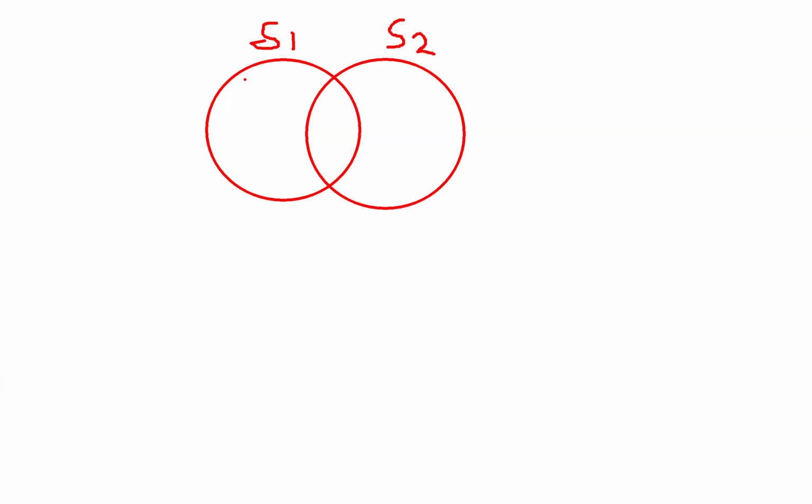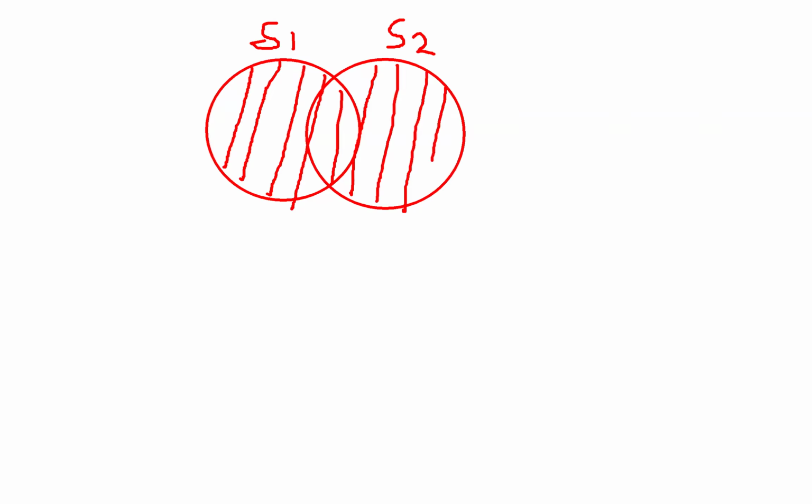When I talk about union, it will basically combine two sets and keep the unique values. If there is any duplicate value, it basically discards it, right? Union is represented by this U symbol. So this denotes S1 union S2. In mathematics, it is defined by this U symbol, right?